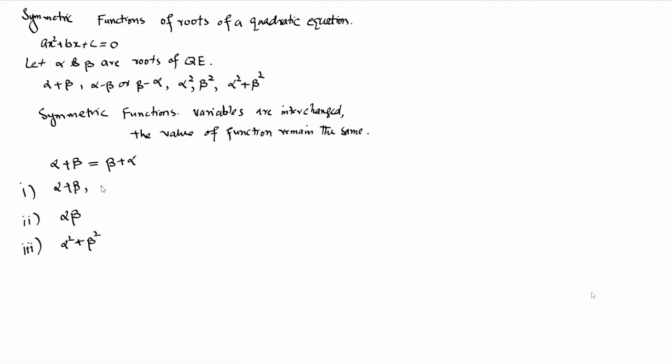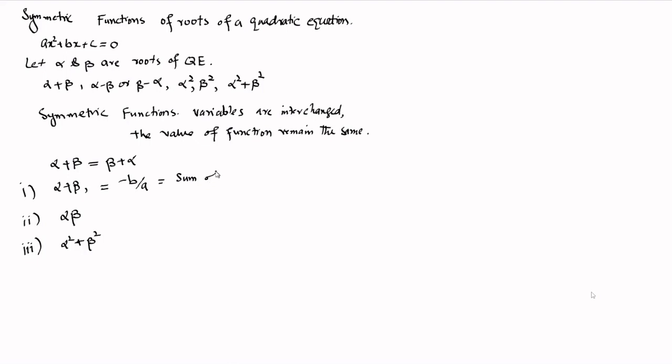Now we know that the summation of roots of a quadratic equation is equal to minus b by a. Now this function is in terms of the coefficients a and b. So we are writing alpha plus beta, a function of the roots of the quadratic equation, in terms of the coefficients, which is minus b by a, because this is the sum of roots.